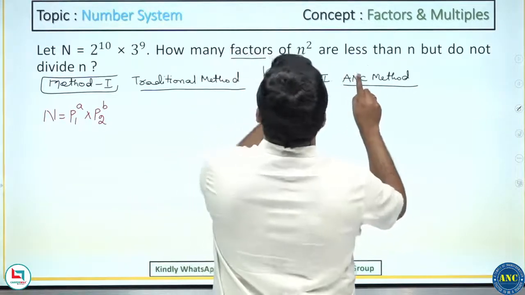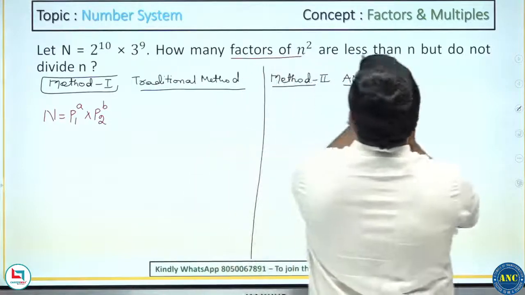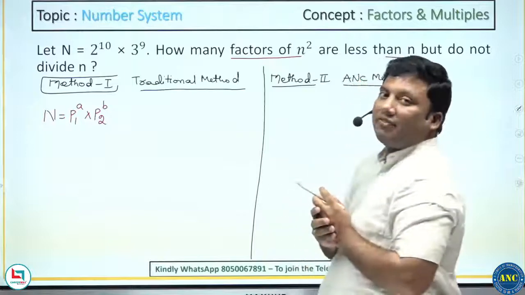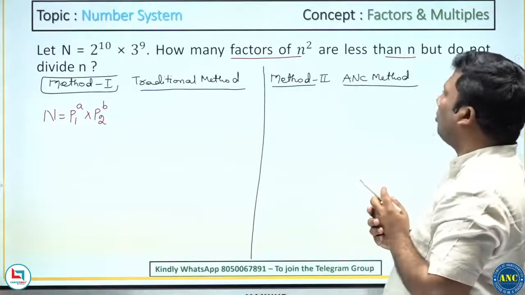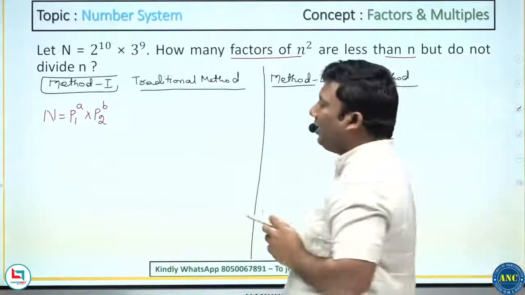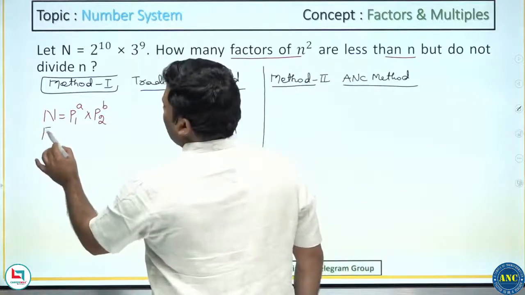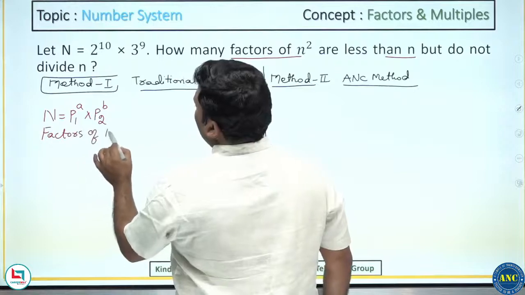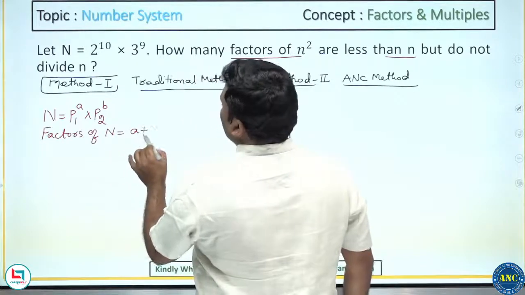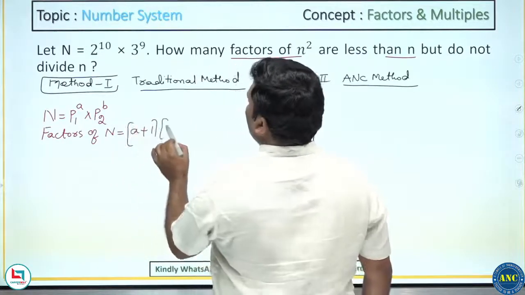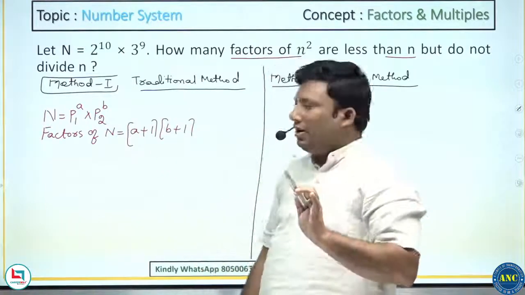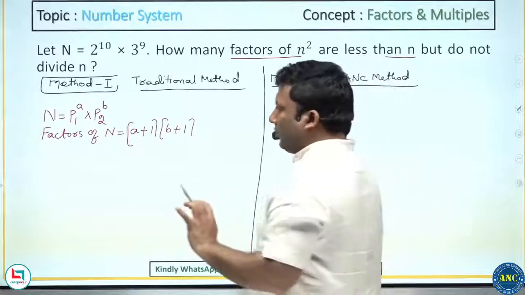We have to find out the factors of n square. We have to find out the factors for n. And how many factors of n square are less than n we have to find. But do not divide n. First, step by step we will go. Factors for n will be 0 to a, 0 to b, so a plus 1 into b plus 1.